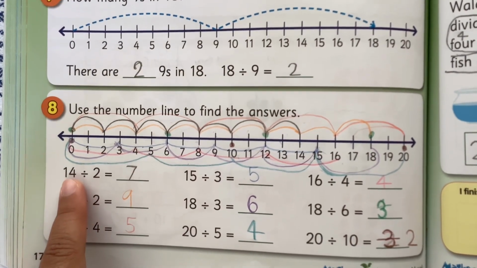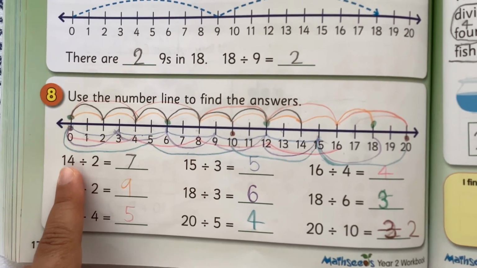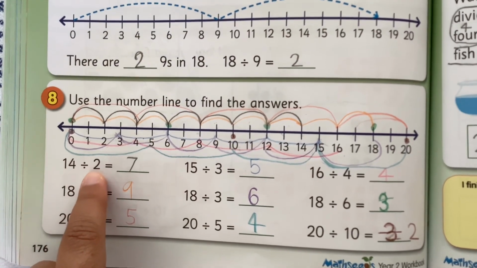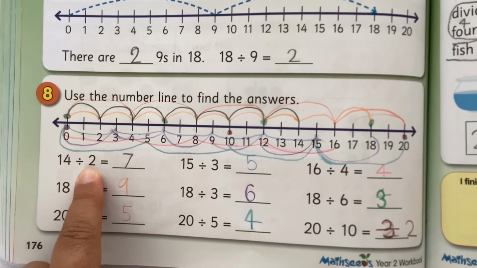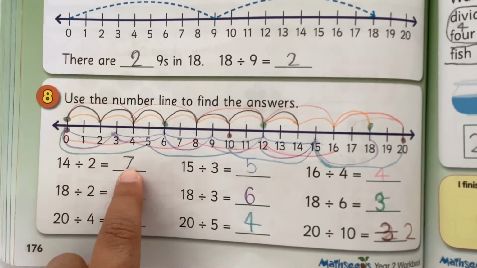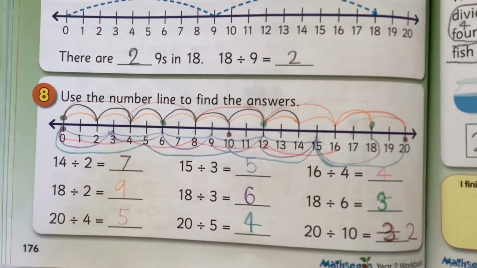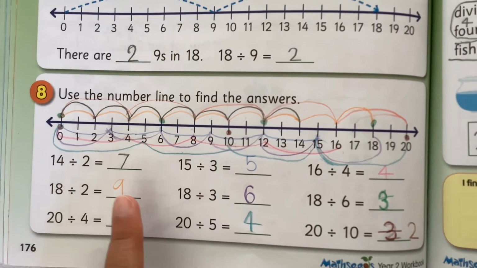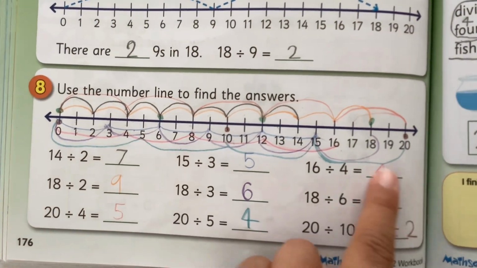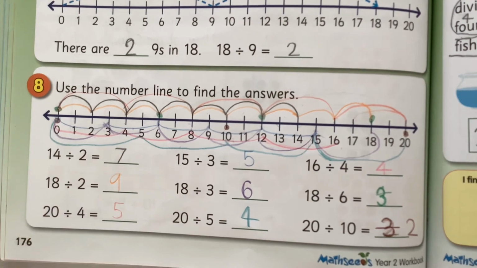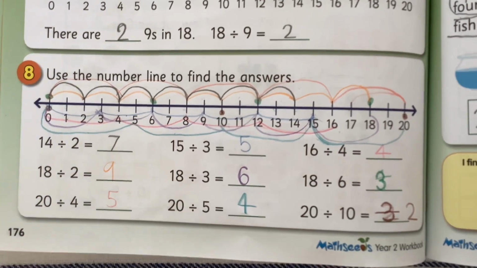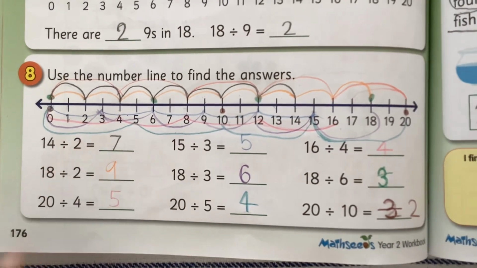So 14, the number of things there are, divided by 2, the number of groups there are, equals 7, the number of things in each group. And all these other questions I had to complete are similar to this question.